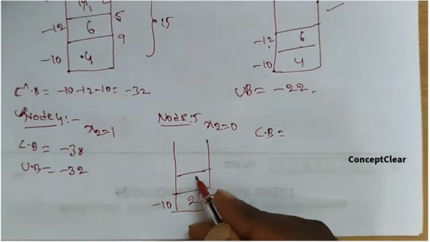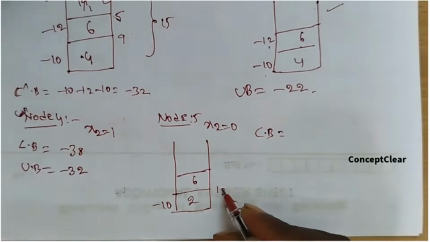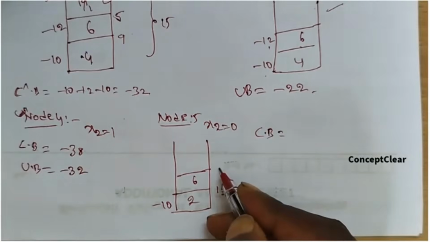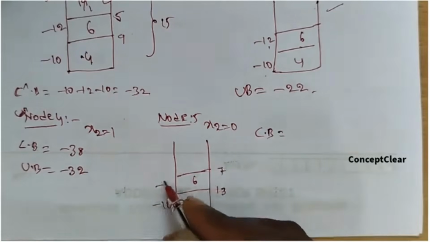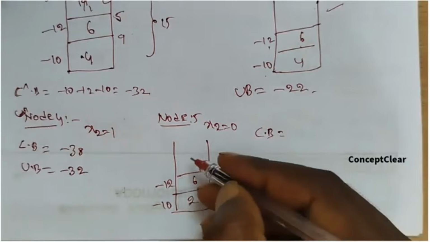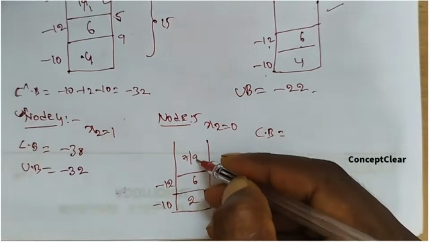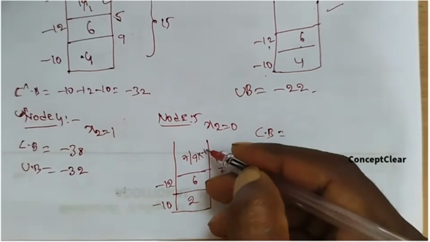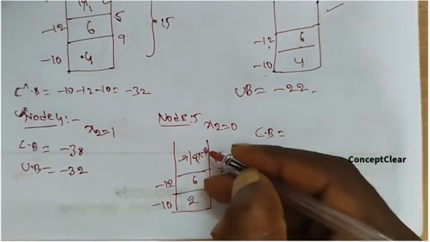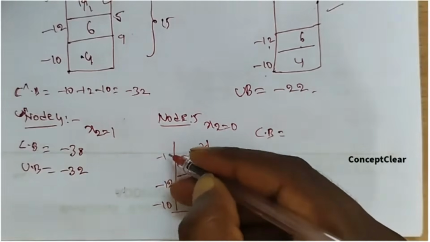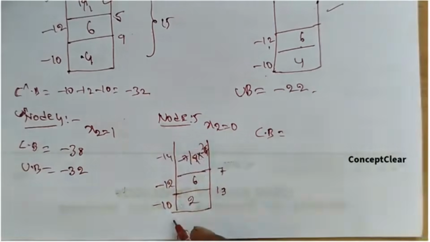The third object is 6. So 13 plus 6 means 7, so that value is 12. And the remaining is 7 by 9 into 18, so the value is 14. So what is the total lower cost value?